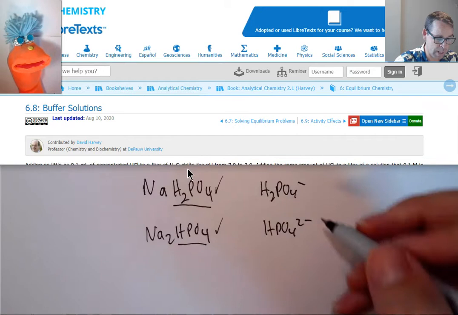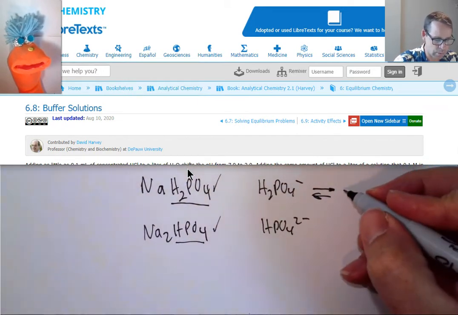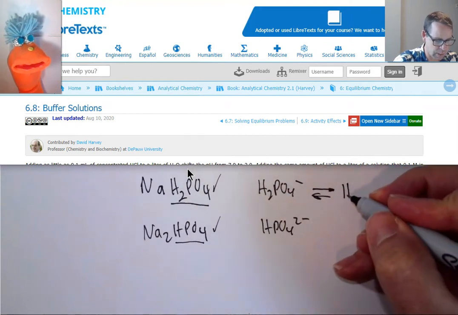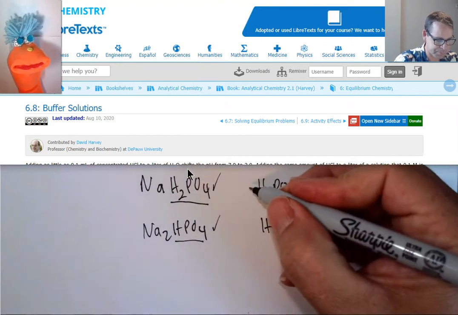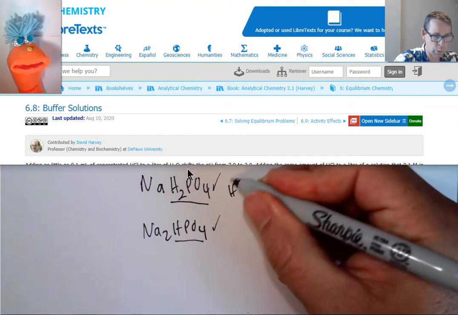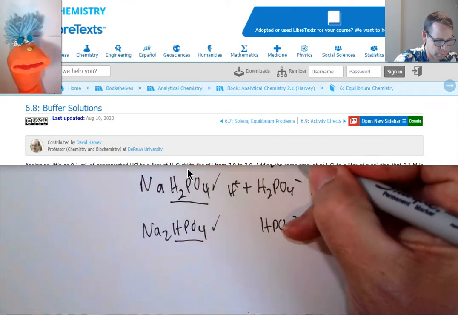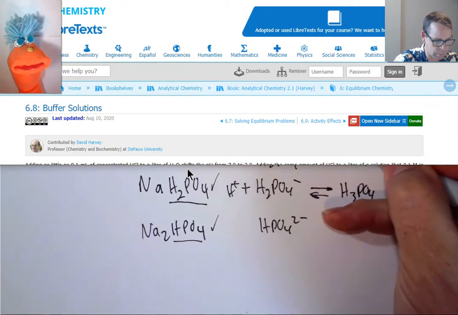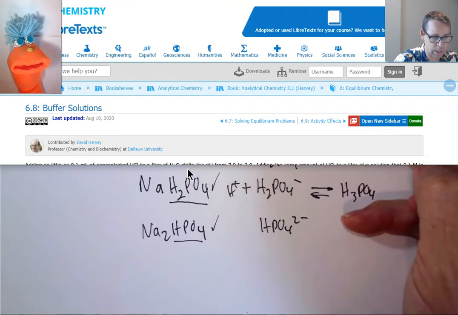We've already talked about the equilibrium that they undergo, right? It's going to want to both take and give a proton to form H3PO4, and that proton is going to come from water, or H2PO4 minus can give a proton to form HPO4 2 minus and a hydrogen ion.